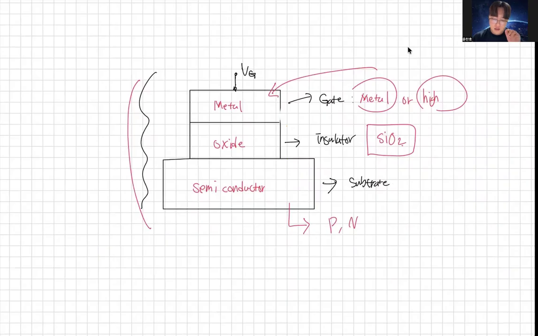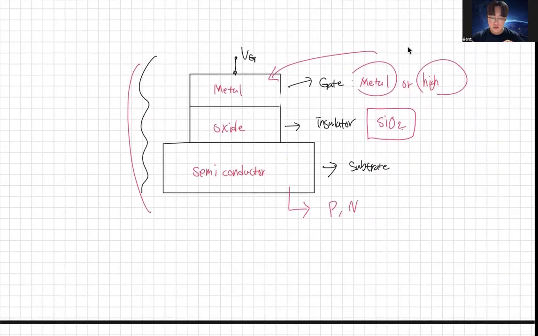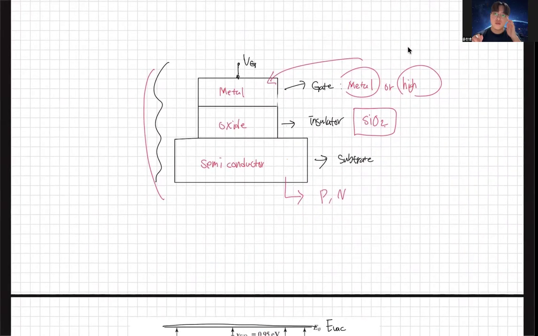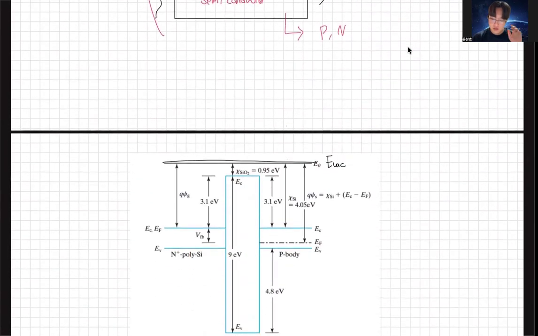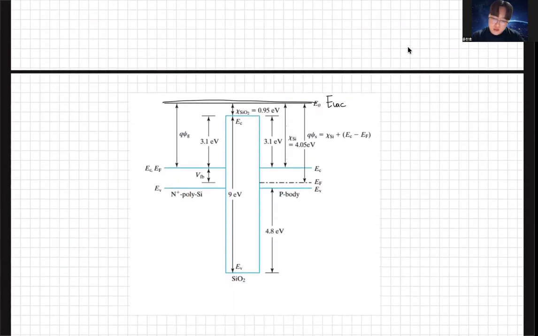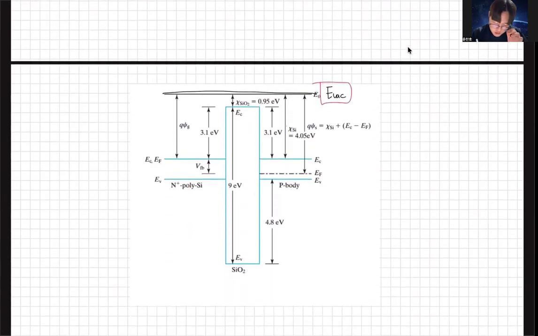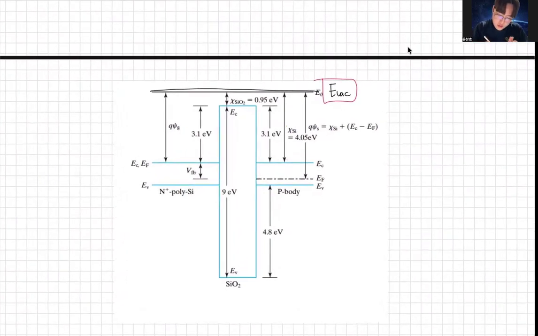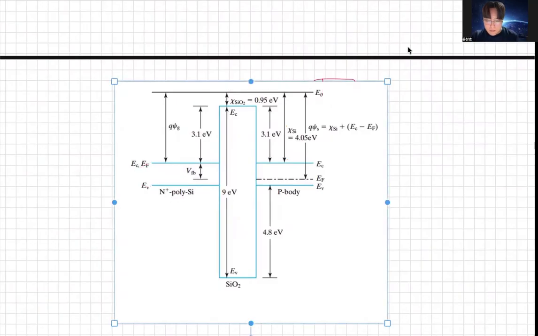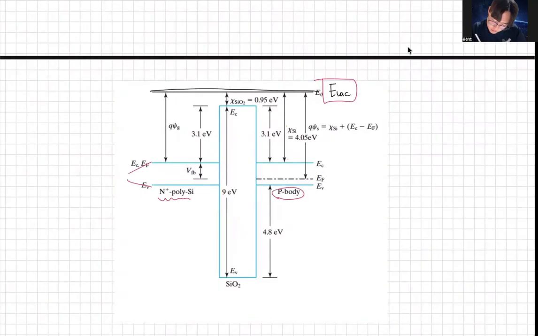Okay. Next I will tell you how to draw the band diagram of the MOS. Here is the vacuum energy level. As you can see, these two levels are highly doped n-type polysilicon and p-type silicon.